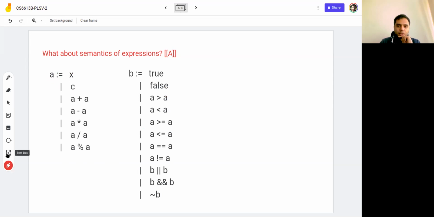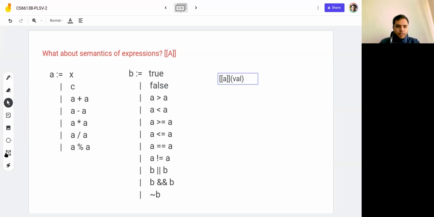Now, what we want to do is actually assign meanings to these expressions, right? And before I said that when I write something like this, I mean the result of evaluating the expression A according to the valuation val.